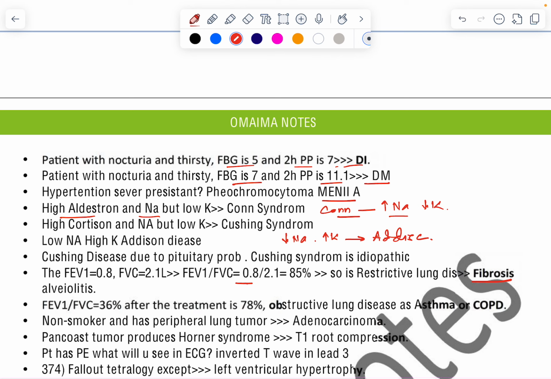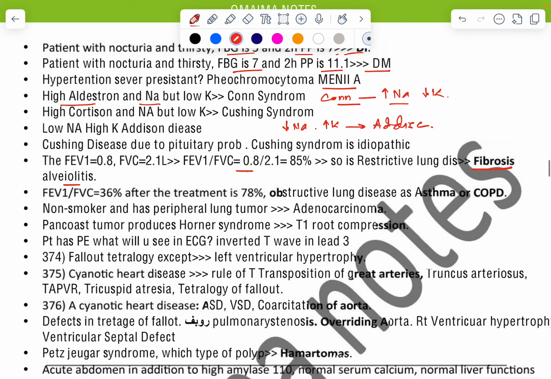Restrictive: fibrosis; obstructive: asthma. A non-smoker with a peripheral lung tumor: adenocarcinoma. Pancoast tumor: T1 root compression. Pulmonary embolism: ECG shows T wave inversion in lead 3.